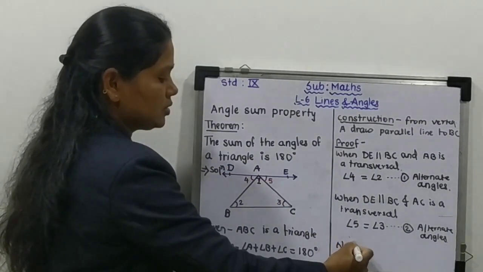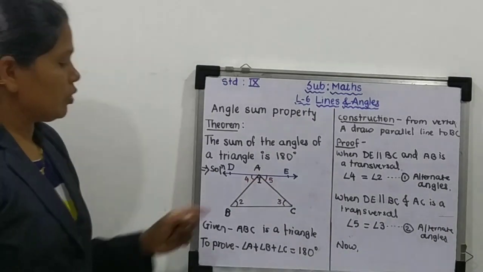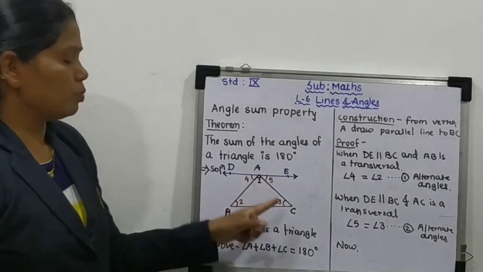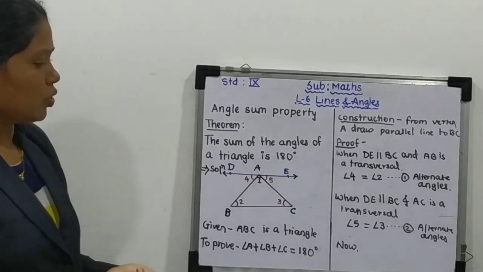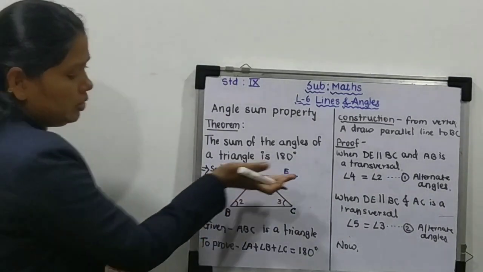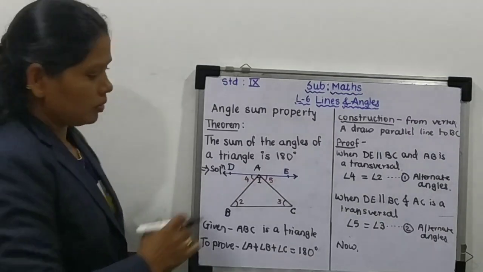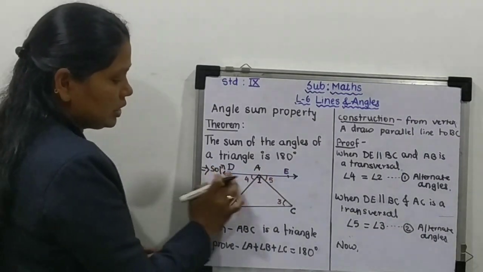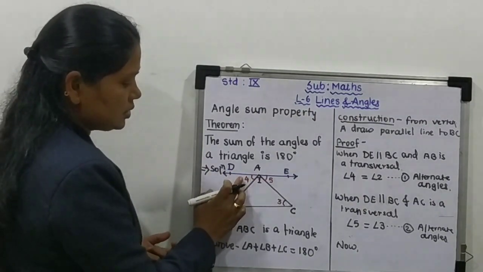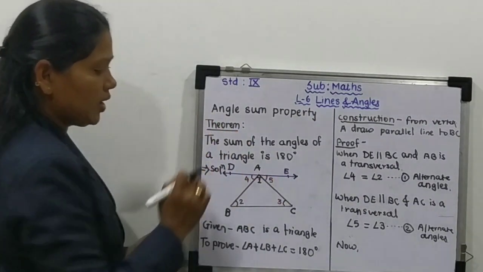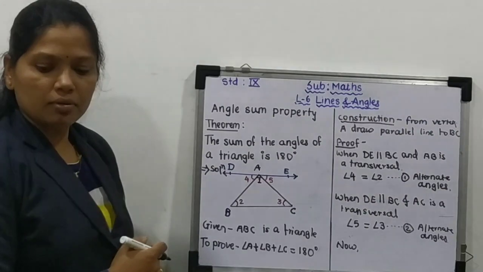Now, what do we have? By this, we are not able to prove that 1 plus 2 plus 3 is equals to 180 degrees. No. So for that purpose, what are we going to do? What do you find on the top of it? This is a straight line, right? And the straight line makes this angle 4 plus 1 plus 5 equals to what should we write?